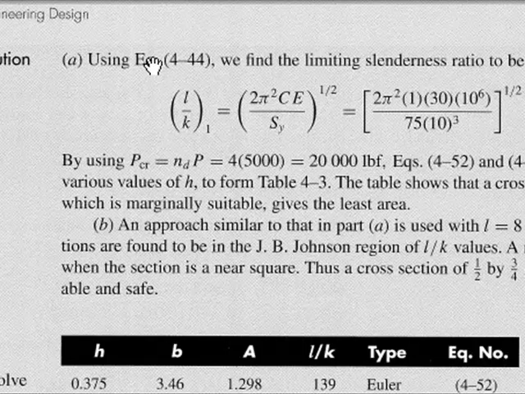So, for the material properties given, our limiting slenderness ratio is 88.9. So we're going to use that limiting slenderness ratio. Bigger numbers than this would be Euler columns. Smaller numbers than this would be Johnson columns.